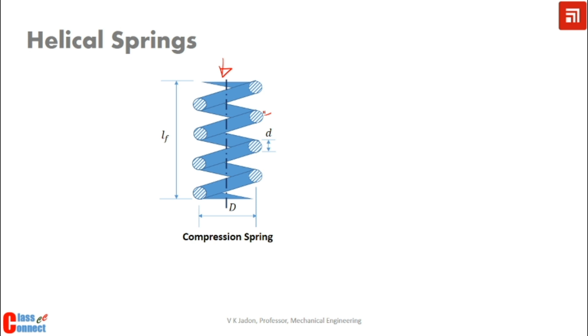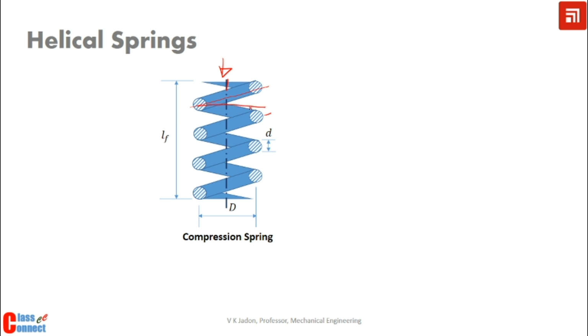The coils of helical springs are not exactly perpendicular to the axis of the spring. So this is the axis of the spring, and the coils are inclined at some angle, and this inclination to the perpendicular plane of the axis is known as helix angle.